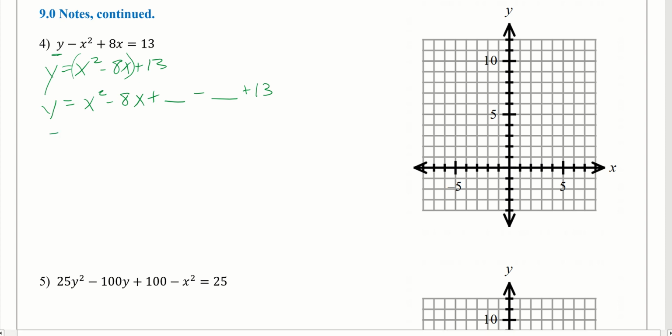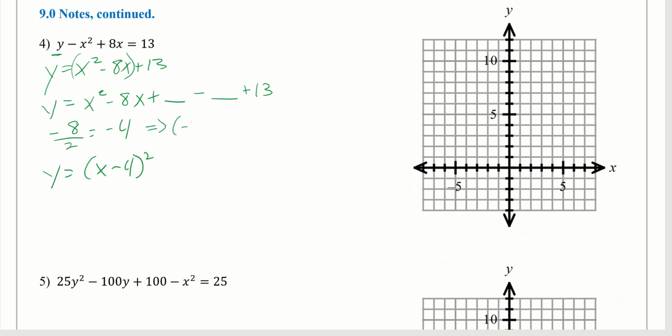Now to get that value, again, b divided by 2, so that's -4. I personally would start setting up my equation. And then this value squared is 16, so that goes there. Since I added 16, we are going to subtract 16.